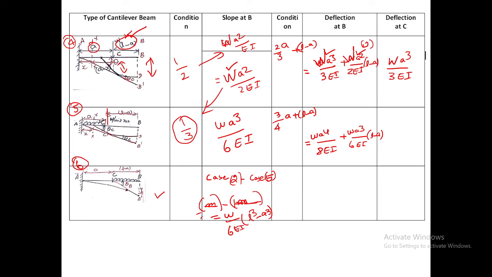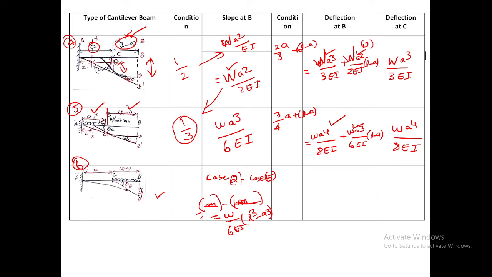At point C, it is L minus A up to A, so W A power 4 divided by 8 E I.